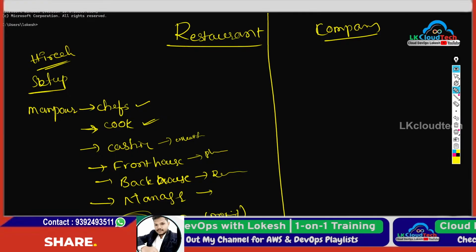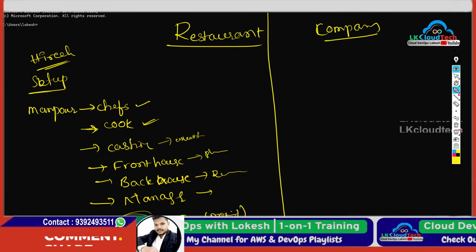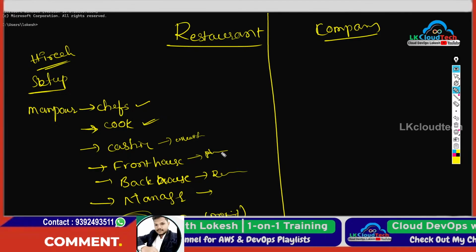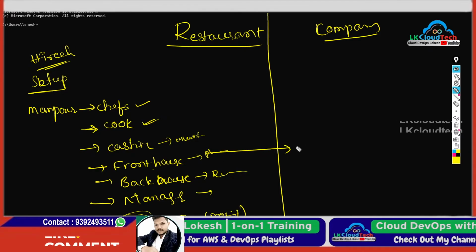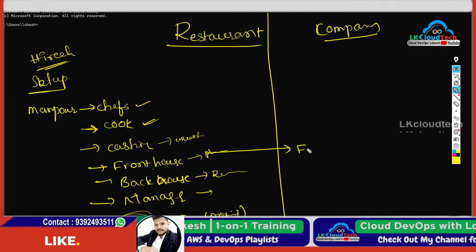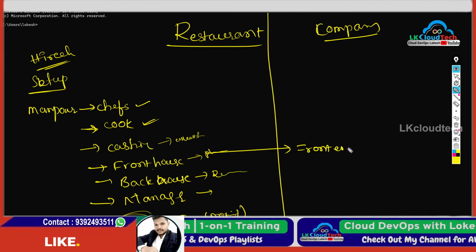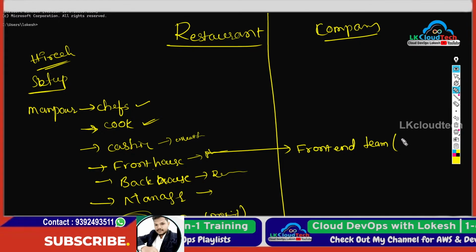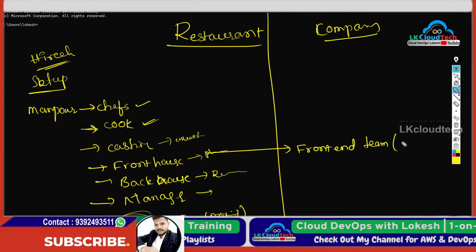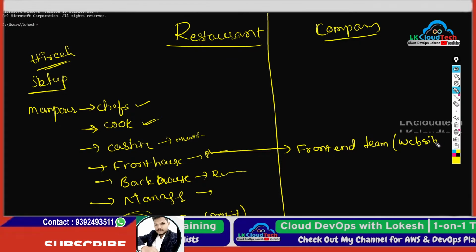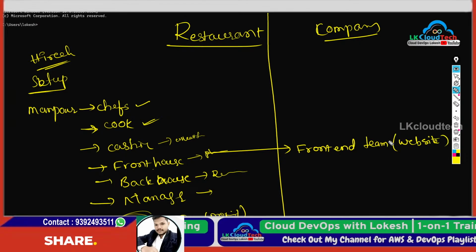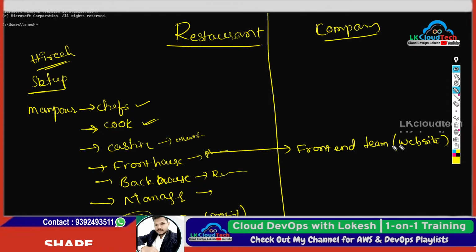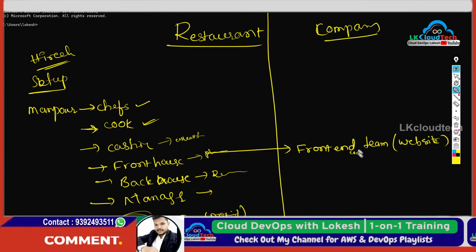Now we would like to compare this restaurant to a company. The front house means, in development, we have a front end team. They will write the code related to websites: how they look, which color to keep, and what type of font to use. The front end team writes the code related to the front end.